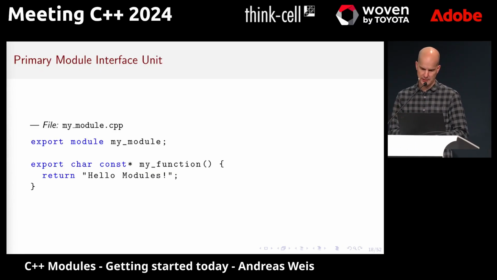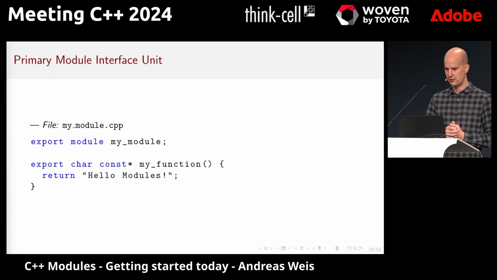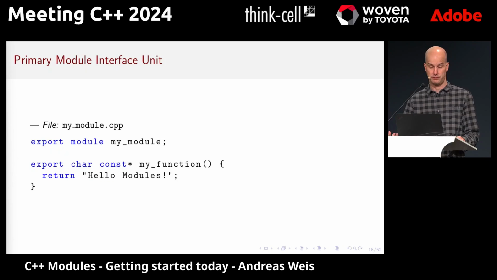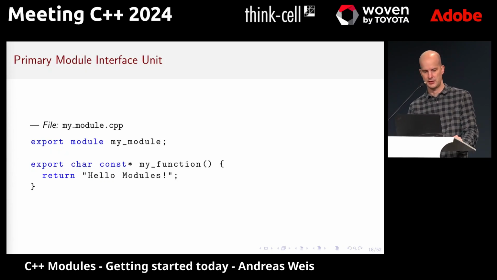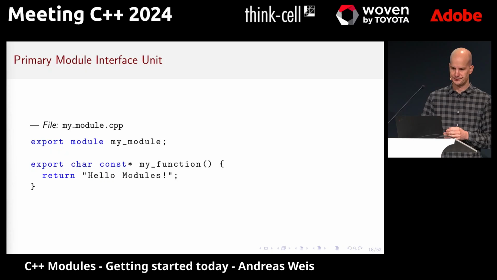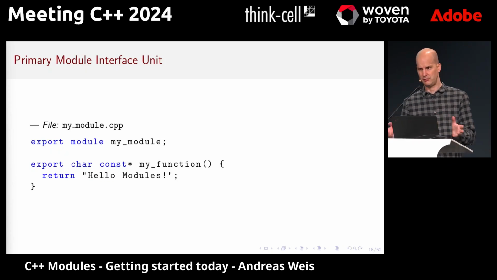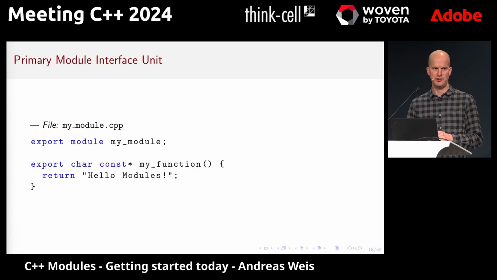What we've seen in the examples so far were all examples of primary module interface units. Primary because you can only have one of these for each module. And by default, you probably also don't need more than one.